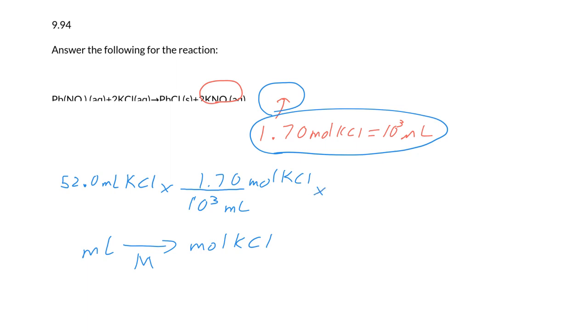So now we have moles of potassium chloride. We don't want moles of potassium chloride, so we have to get rid of them. We're wanting moles of lead 2 chloride. That's where our chemical equation comes in. It lets us switch between two substances. Oops, I circled the wrong two substances there, didn't I?